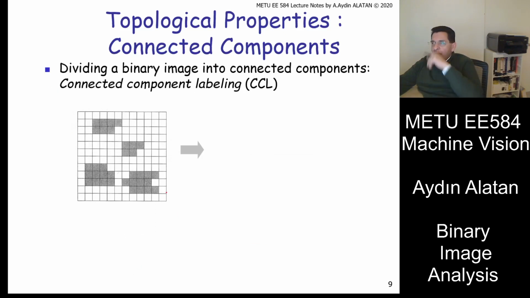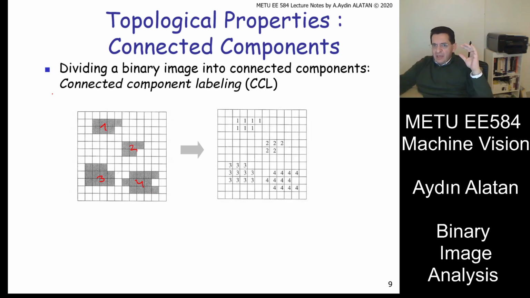Now, a very important algorithm, connected component labeling, to identify, because we obtain an image, we threshold it, we obtain a mask. Maybe the mask has multiple connected components, 1, 2, 3, 4. I have to have a representation so that inside the matrix, for example, all the pixels of this foreground are written by 1, saying that this is your first object, this is your second connected component, this is your third, and this is your fourth.